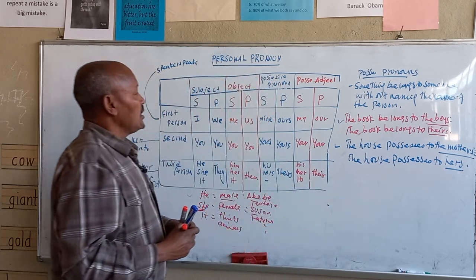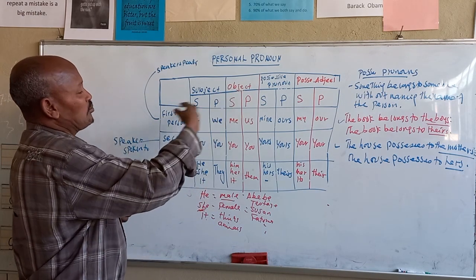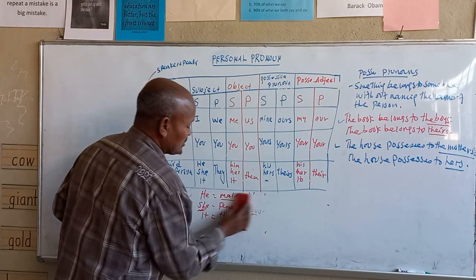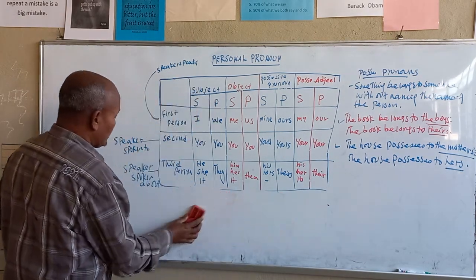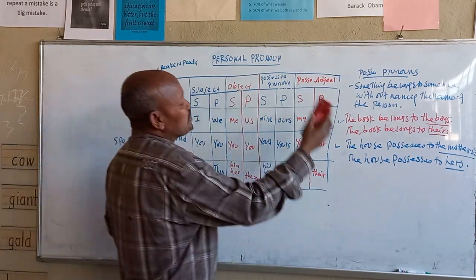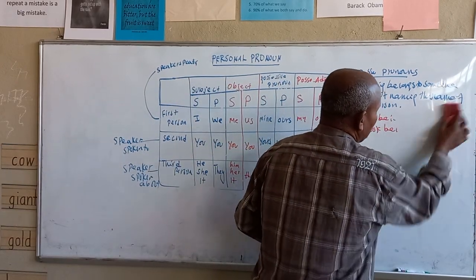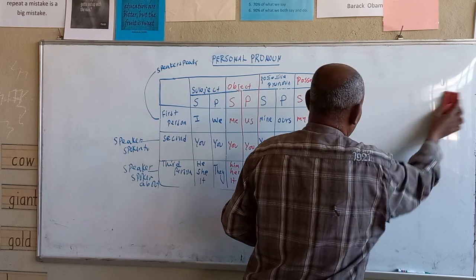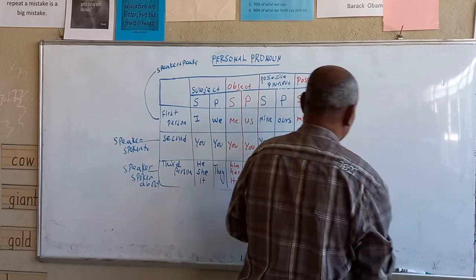Look how this type of personal pronoun is different, right? It is really different because the purpose of using it is absolutely different. That's why we are categorizing it in different ways.